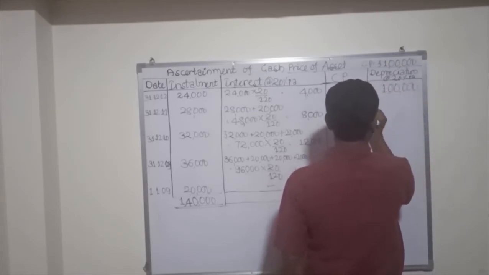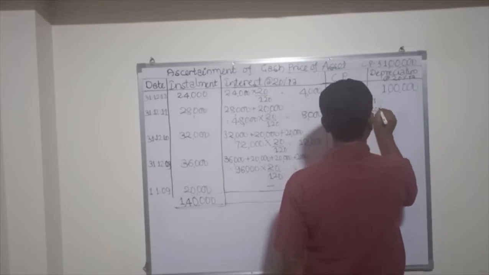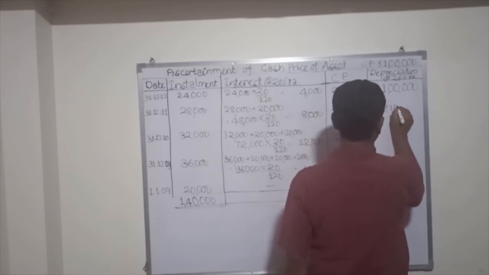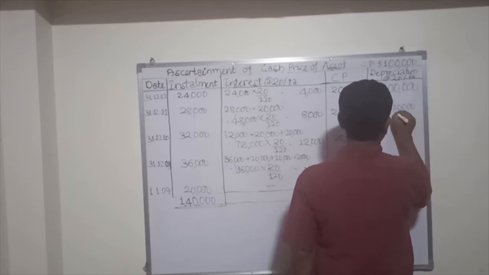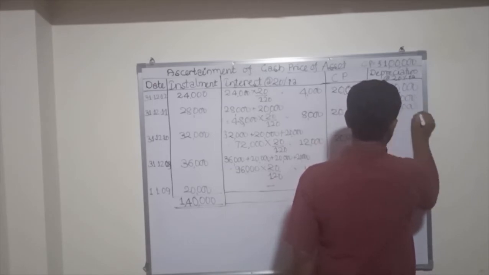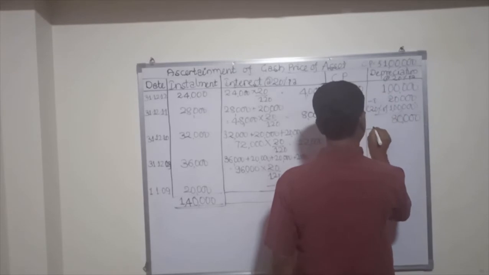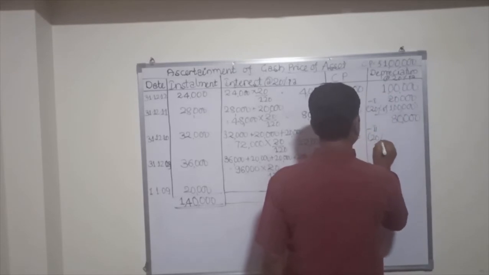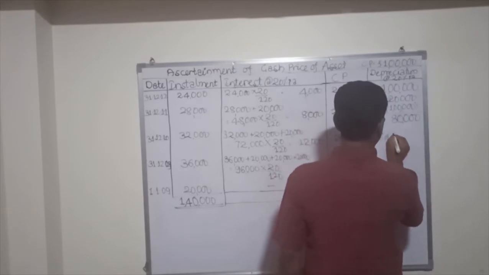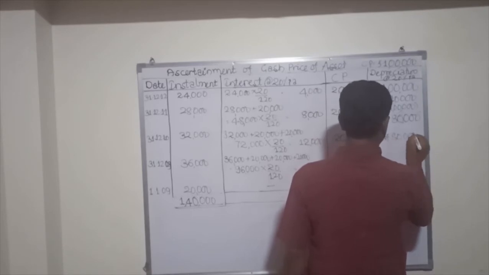So first year depreciation 20% of rupees 1 lakh, which comes to rupees 20,000. So the difference here is 80,000. Second year again 20% of rupees 80,000, which comes to rupees 16,000.